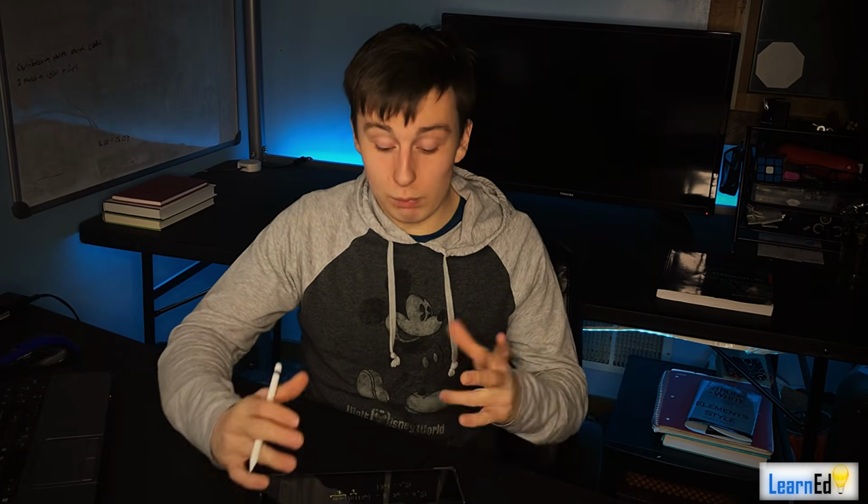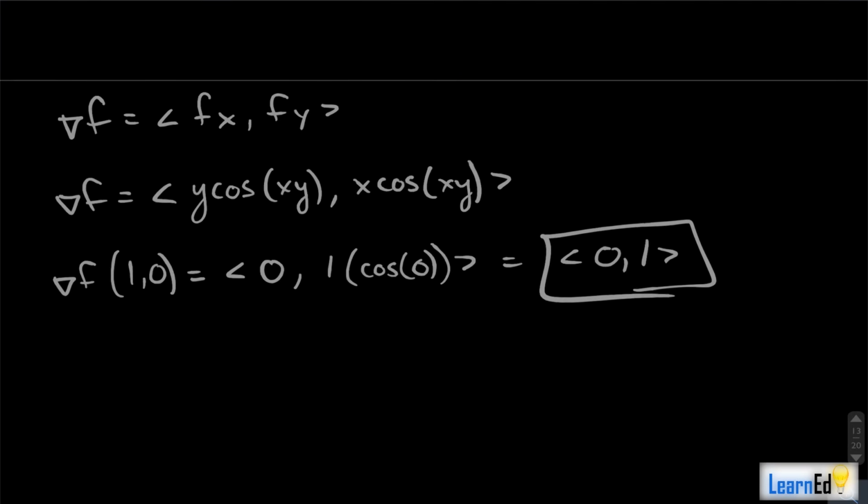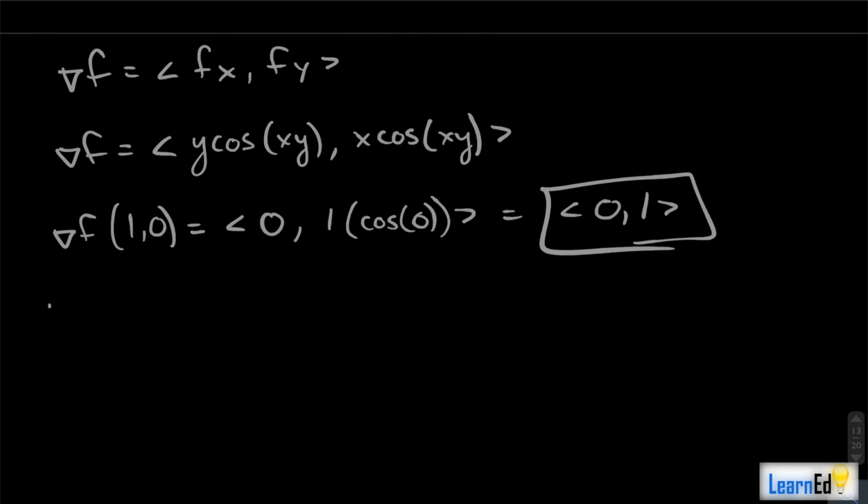Okay? And remember, I just showed you the whole reason why the maximum rate of change is the magnitude of the gradient vector. If we find the magnitude of the gradient vector, okay, the magnitude of this is equal to the magnitude of (0, 1).